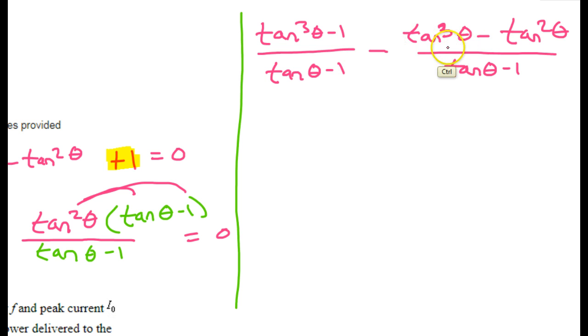Now the whole point of making like denominators is putting these together into 1. Now be careful though, when I combine these, I need to put parentheses again around this binomial.